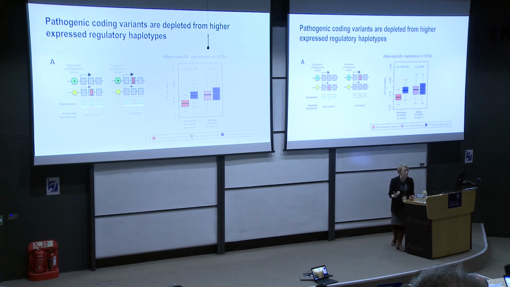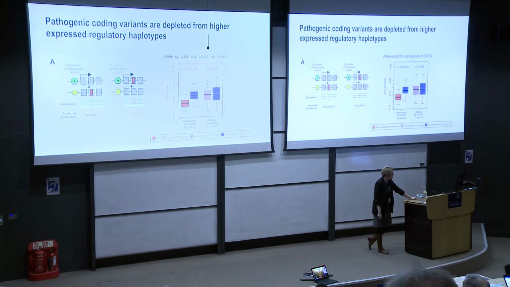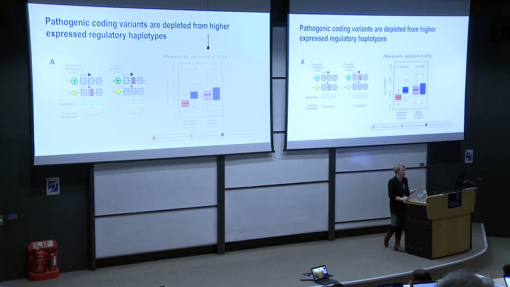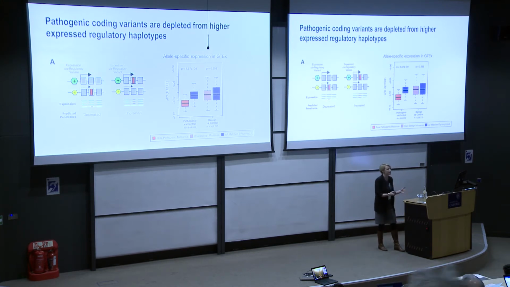So to walk you through a couple of the key results from those analyses. First, looking into the general population, we of course turn to GTEx, as we often do in my lab, a data set that we know extremely well. So one of the first approaches we used to analyze this in GTEx was asking, when we have rare heterozygous coding variants, do we see signs in allele-specific expression data, looking at the RNA sequencing data from these same individuals, of those variants being more often on the lower expressed regulatory haplotype, indicating that in the general population they are able to hide there a little bit.